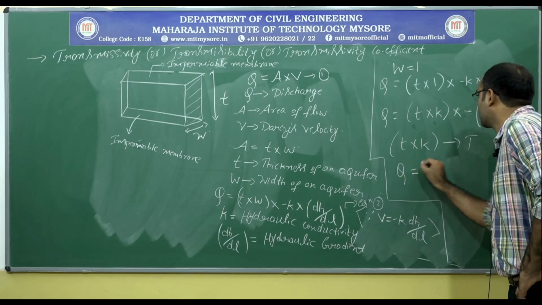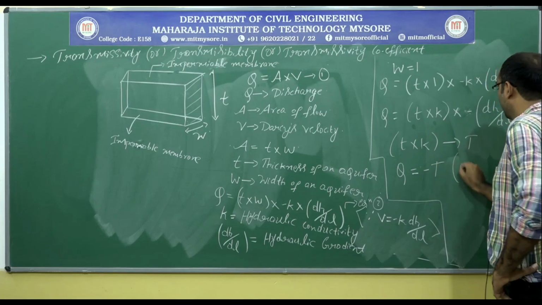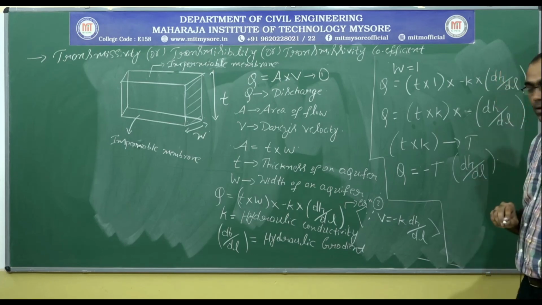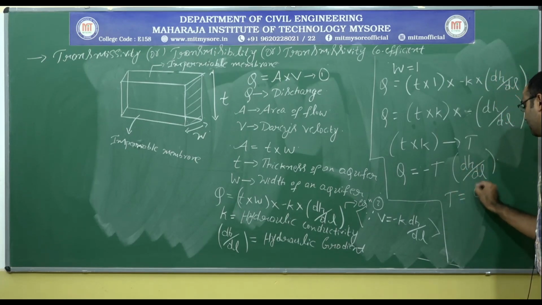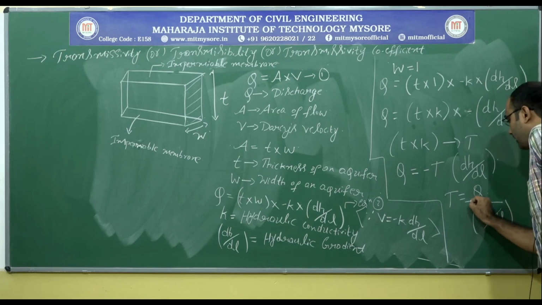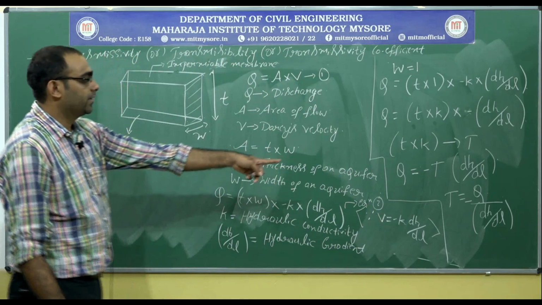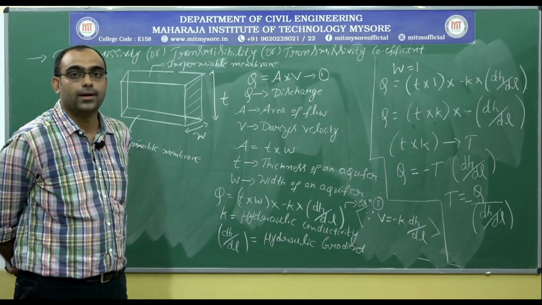So this Q will be equal to T or minus T into dH by dL, or if you need an equation for T, T equals Q divided by dH by dL. So we got the expression for T as T equals Q divided by dH by dL.